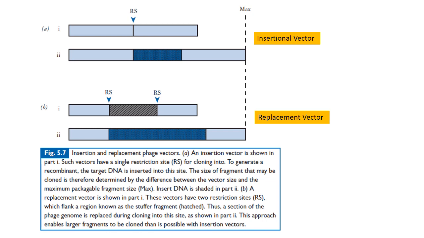On the other hand, in case of replacement vector, you can see two restriction sites. By digesting the vector with restriction enzymes, you can remove that dark part, which can be replaced by your foreign DNA in case of replacement vectors.